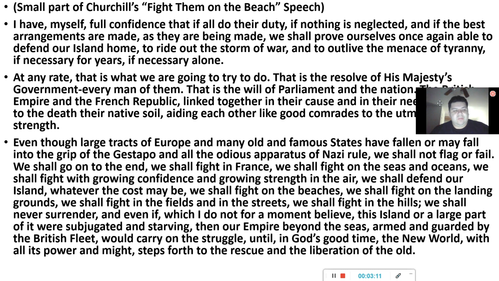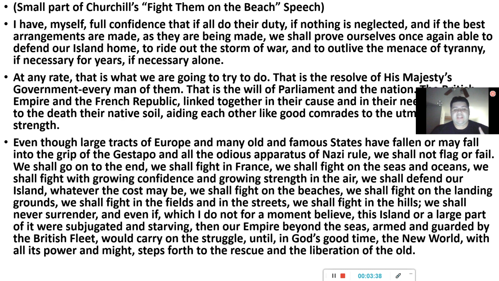We shall not flag or fail. We shall go on to the end. We shall fight in France. We shall fight on the seas and oceans. We shall fight with growing confidence and growing strength. In the air, we shall defend our island, whatever the cost may be. We shall fight on the beaches. We shall fight on the landing grounds. We shall fight in the field and in the streets. We shall fight in the hills. We shall never surrender.